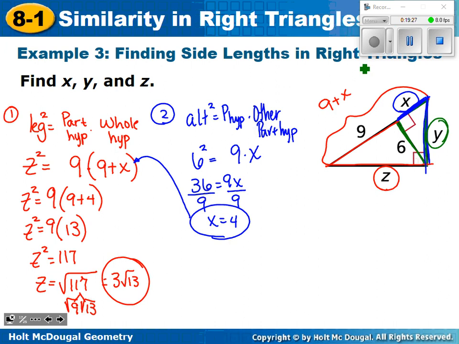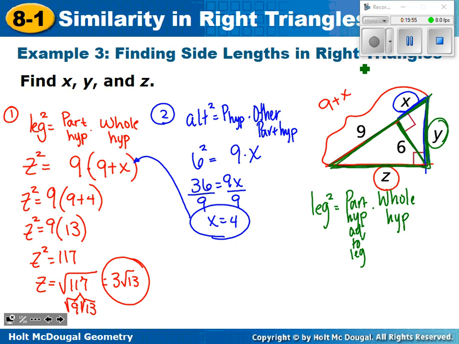Altitude, leg, or part of the hypotenuse? It's a leg. So remember, you're looking at the big triangle every time when you're thinking about that. So it's a leg. So that means we want to use the theorem that deals with the leg. So leg squared equals part of the hypotenuse times the whole hypotenuse. And remember, it's the part that's touching the leg, so the part adjacent to the leg.